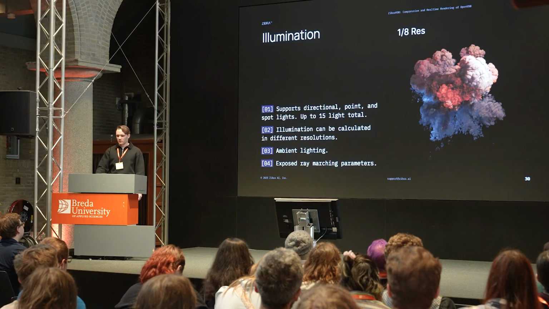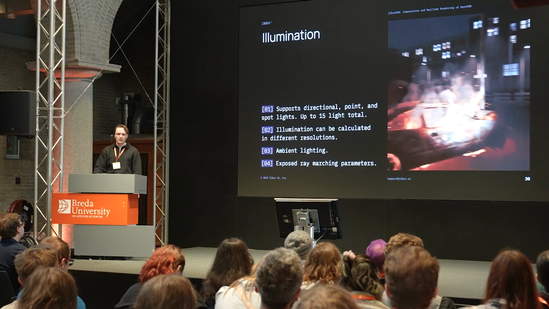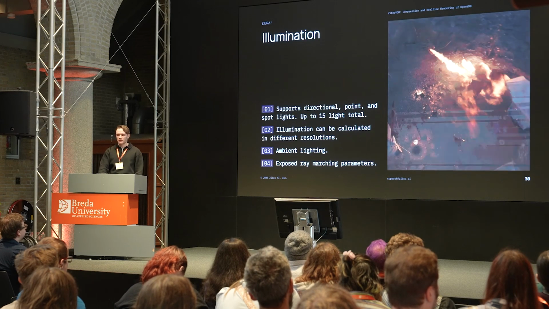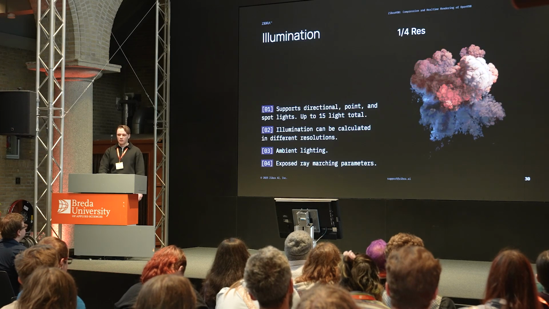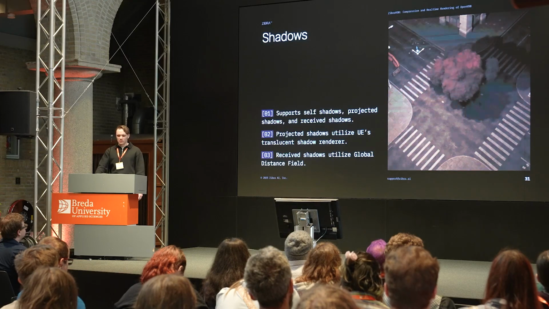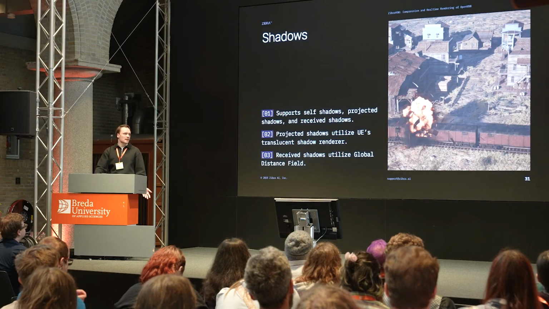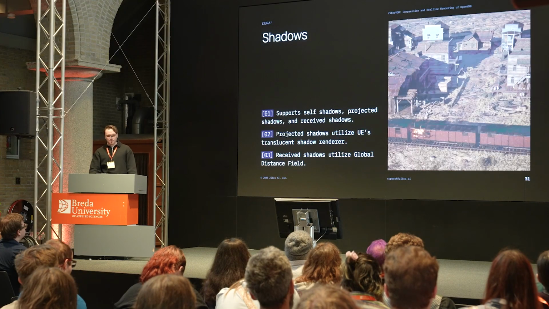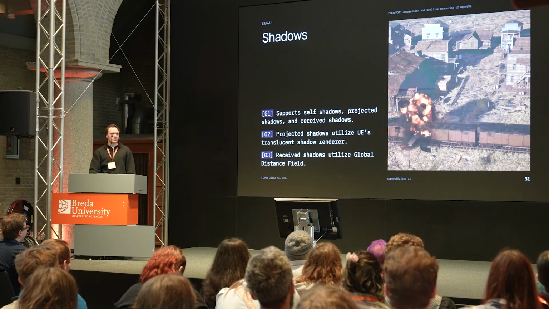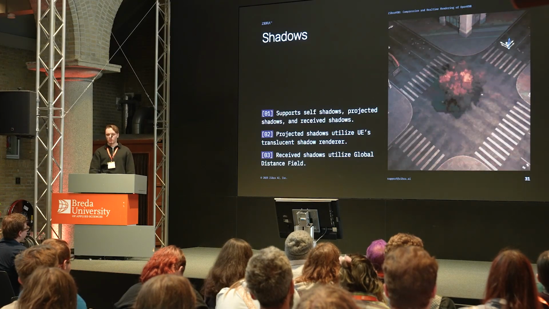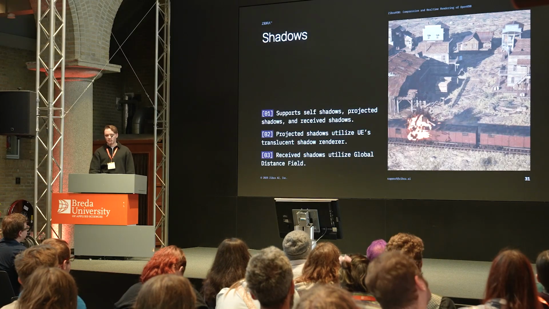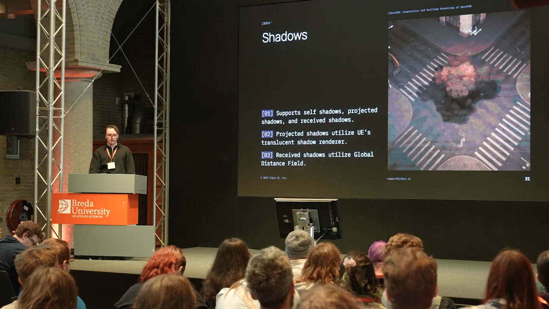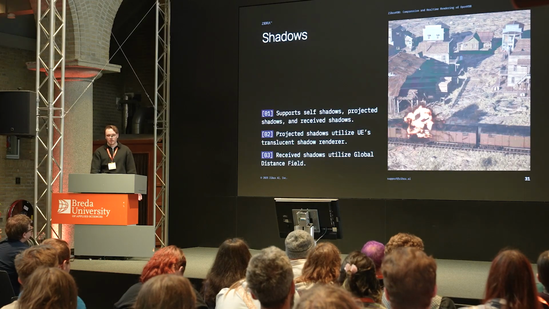We have many features for illumination, like ambient lighting. As I said, you have access to ray margin parameters, so you can optimize it per effect and all that. We have shadows, 3 types of shadows actually: self-shadows, projected shadows, and received shadows. Projected shadows are rendered using the Unreal translucent shadow renderer, which is not ideal, but it is like 10 times faster for rendering shadows than heterogeneous volumes, and it does a pretty good job.